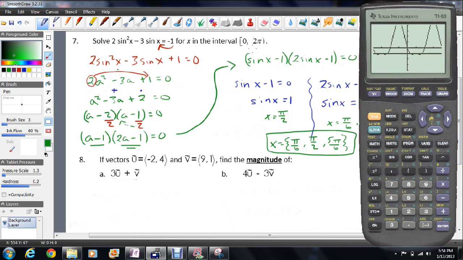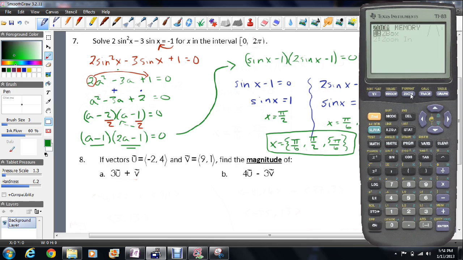So our problem said to only bother looking between 0 and 2 pi, so we know that this is 0 on the x-axis here, and then as we move to the right, it's going to eventually get to 2 pi. So I'm going to shrink my window a little bit. I'm going to look at just right in this area where the two equations intersect one another.